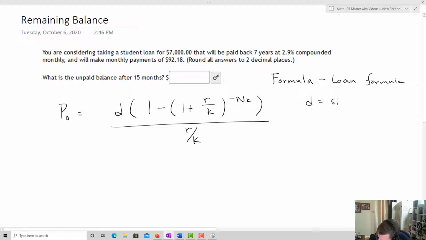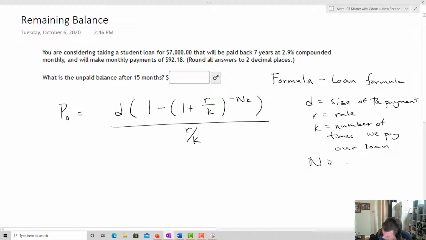D is the size of the payment. R is the rate. K is the number of times we pay our loan in a year.